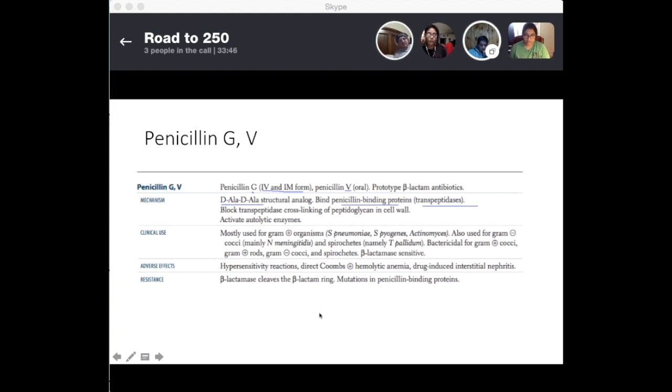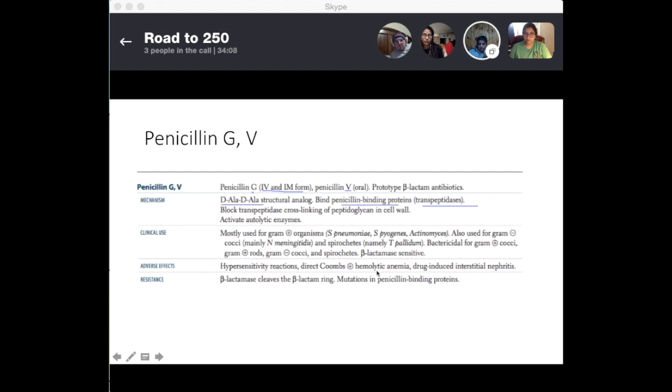It can cause hemolytic anemia, which is due to penicillins binding to your surface RBCs, which elicits an immune response, and antibodies against the penicillin-bound RBCs are created, and that will cause a direct Coombs test positive and a type 2 hypersensitivity reaction.